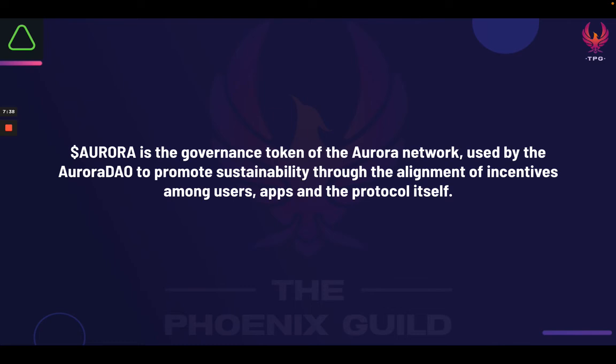In order to run an ecosystem as huge as Aurora, there needs to be decentralized control in terms of how users experience Aurora, how apps are built on Aurora, and decision making overall. This is where the Aurora DAO comes into the picture. To run a DAO in a sustainable manner, it's required to have a governance token, which is where the Aurora token comes into the picture.